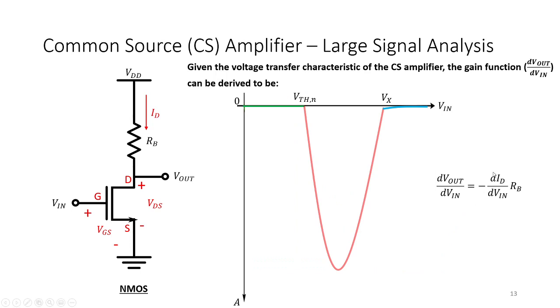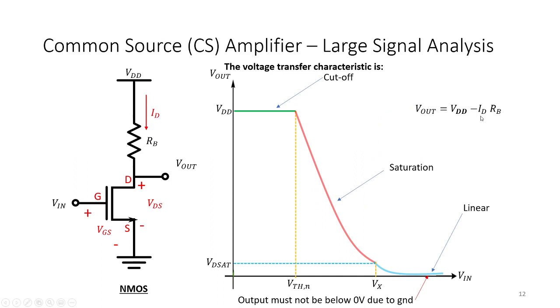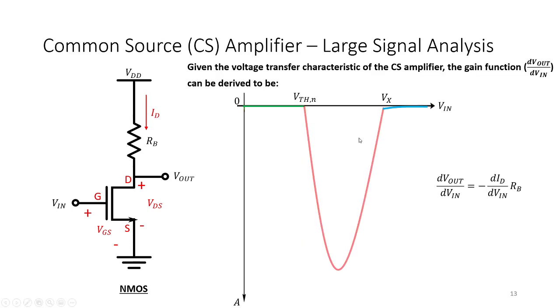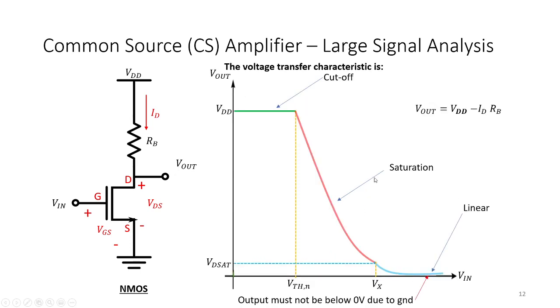Remember that dID is this one, and it is increasing if we increase V-in. So that means it is getting more negative. That's why it looks like this. And then it reaches a peak and then it goes back down, because remember, during this point the slope decreases significantly.